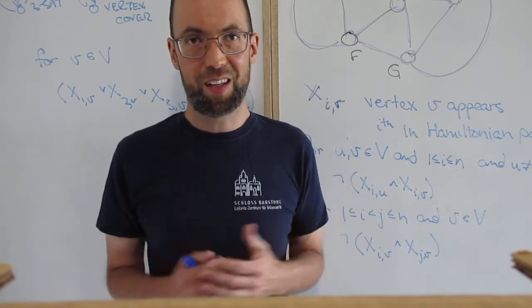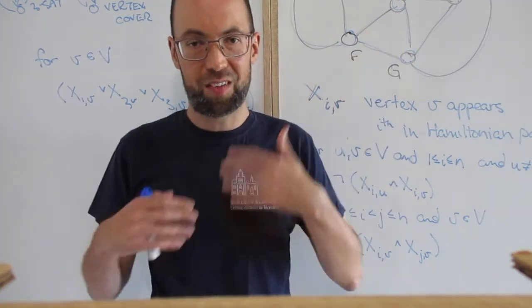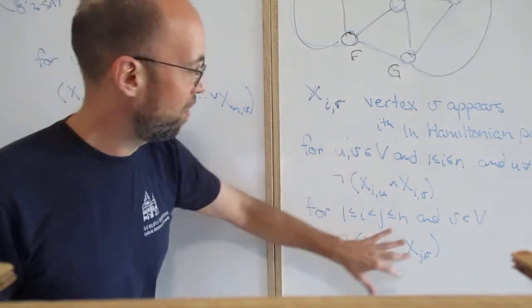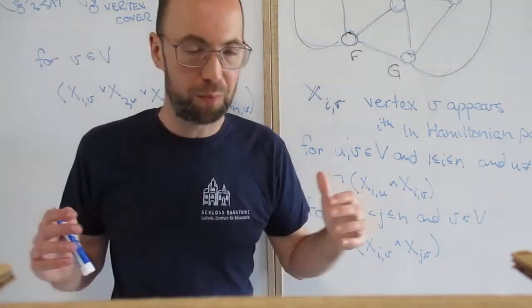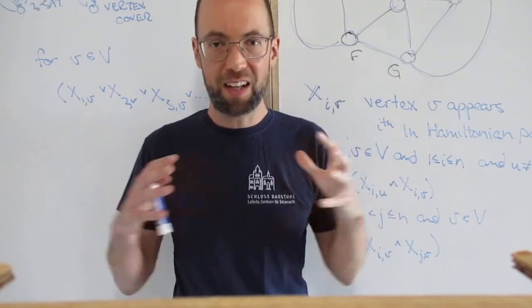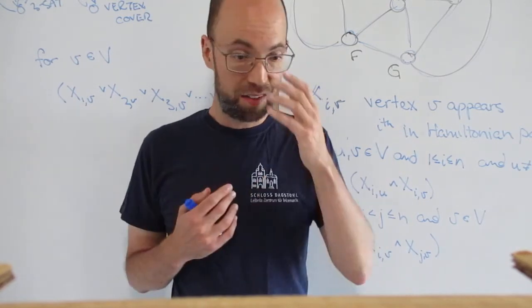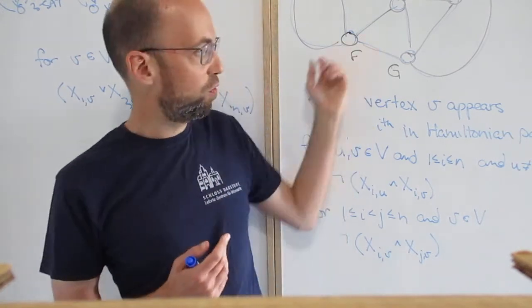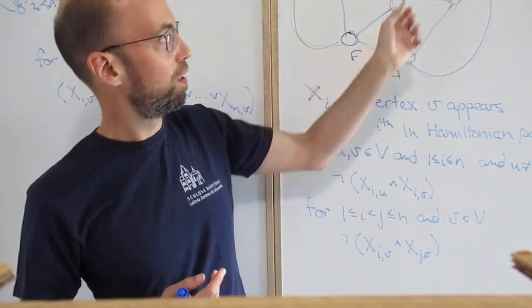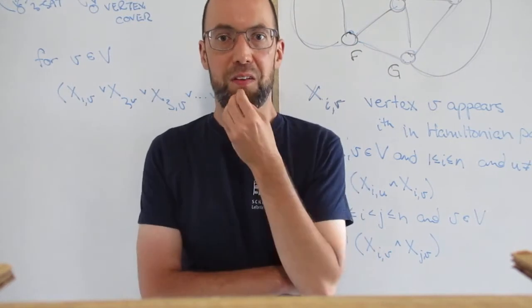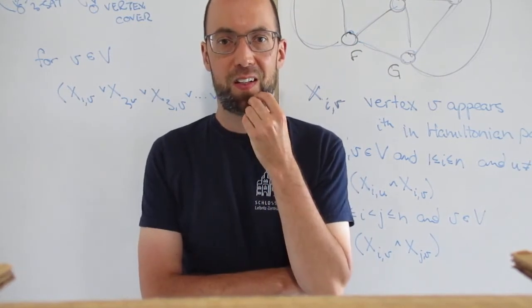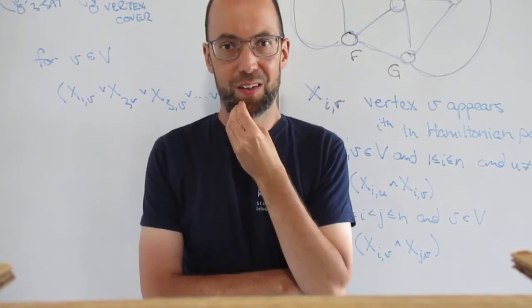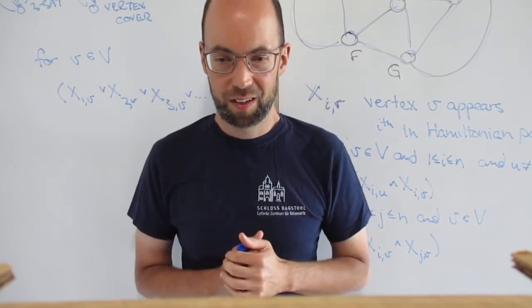What else do we have to say to guarantee that if we take all of these restrictions and we conjoin them, we put ands between them, it's going to be equivalent to saying that this formula is satisfiable if and only if this graph has a Hamiltonian path? What else do we have to say? What restrictions do we have to put on?